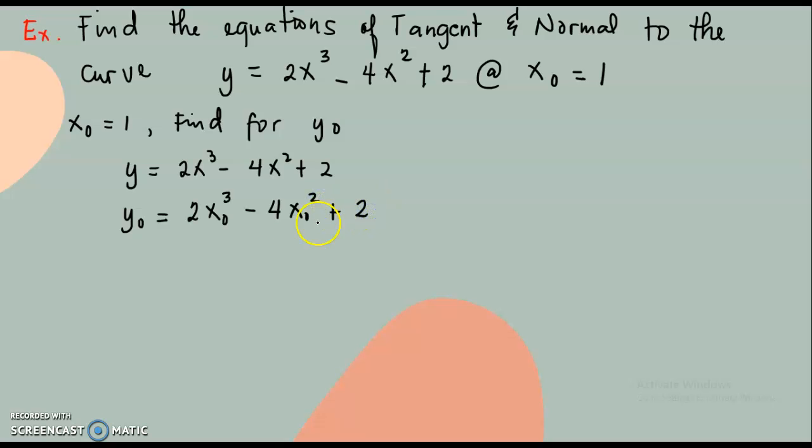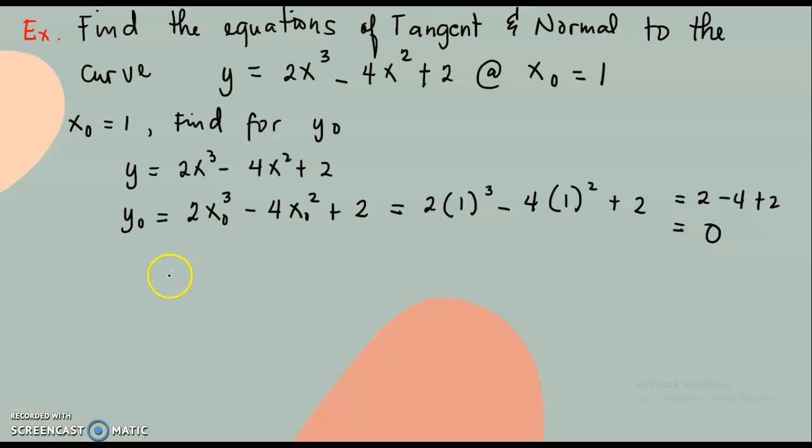Substituting x sub 0 equal to 1, this is 2 times 1 cubed minus 4 times 1 squared plus 2, which is 2 minus 4 plus 2, equal to 0.